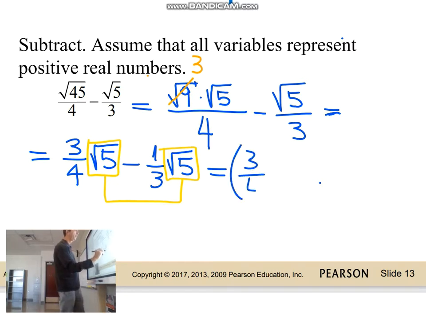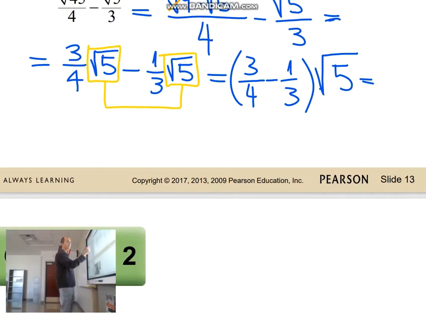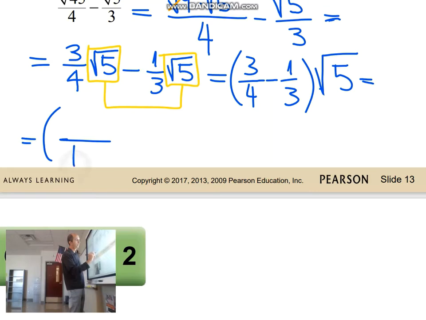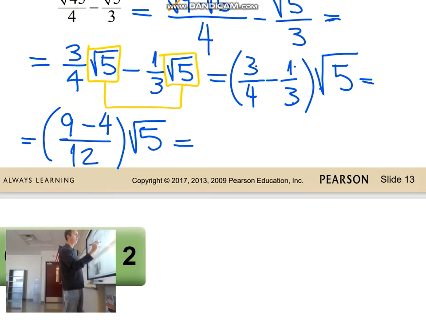So 3 over 4 minus 1 over 3 square root of 5. 3 over 4 minus 1 over 3, and we can make this like 12, 3 times 3, 9, 4 times 1 times negative 1, minus 4, square root of 5 over 12, right?